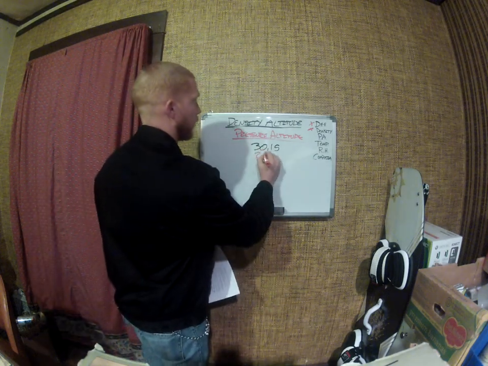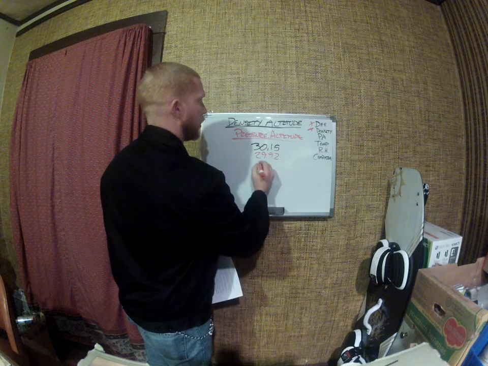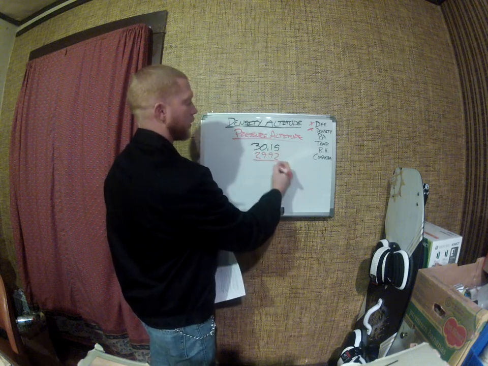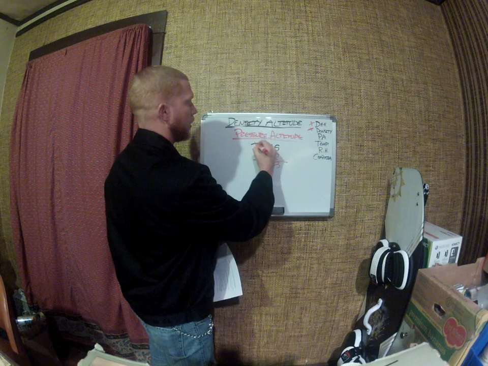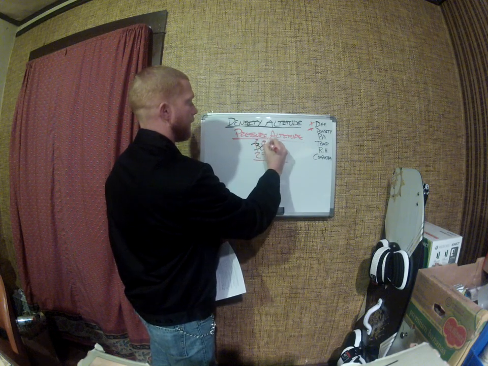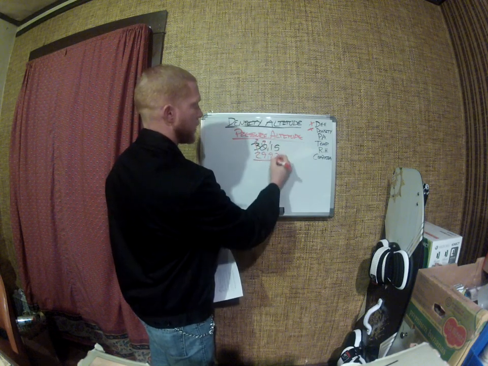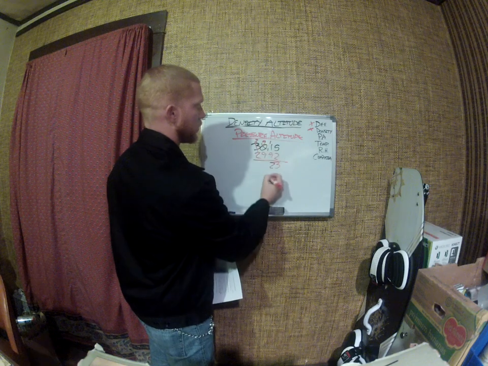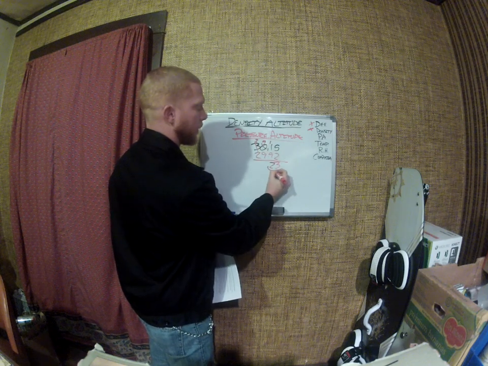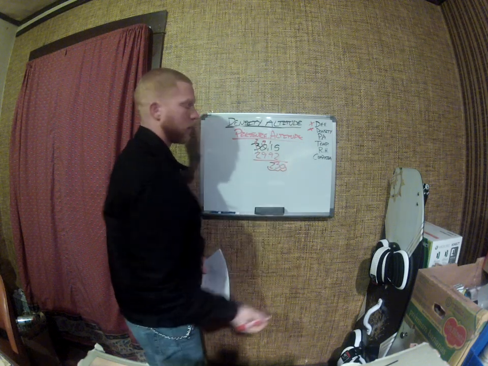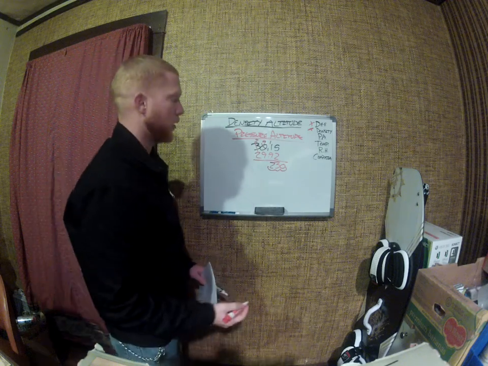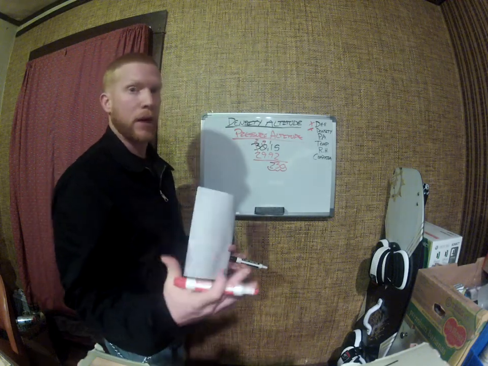So you're going to subtract. Those are going to cancel out. Here's your decimal point. 230 feet. That's your pressure altitude, or your value.